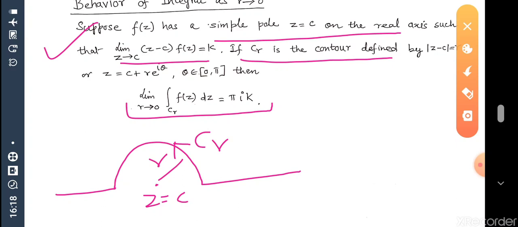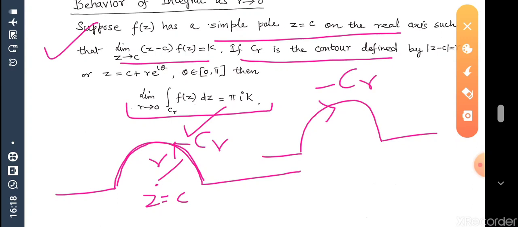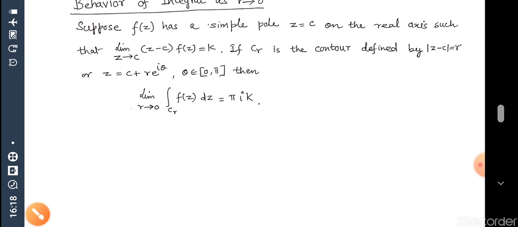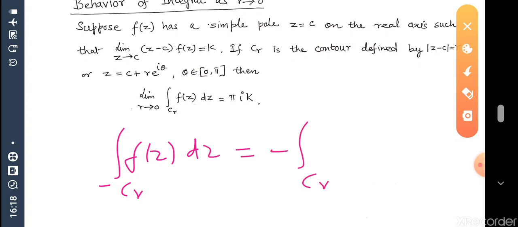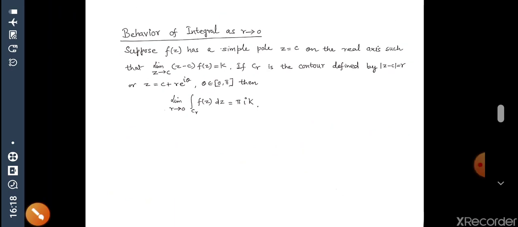If we take this contour in counterclockwise, then we use the symbol c_r, and if we take this contour in the clockwise direction, then we use the symbol minus c_r, and the integral over minus c_r of f(z) dz is equal to minus the integral over c_r of f(z) dz. We use this theorem in the next example.